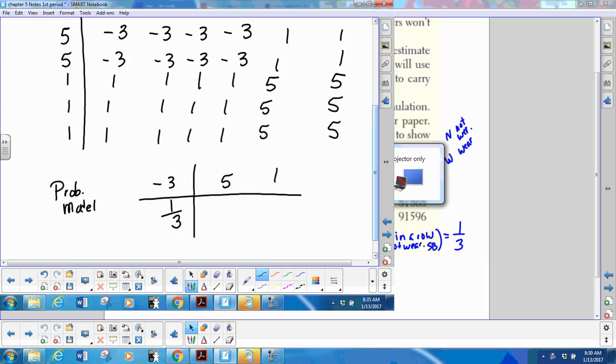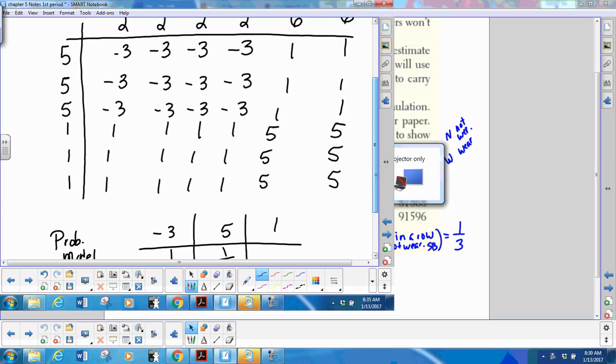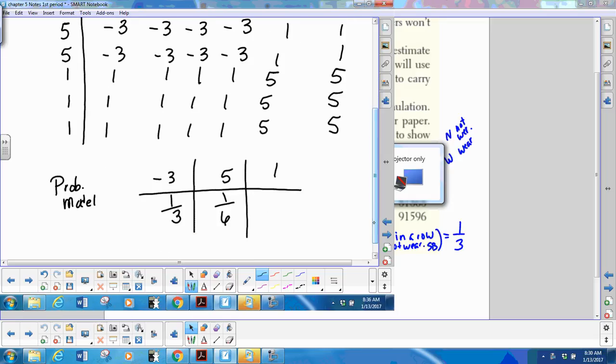How many ways can you get a 5? 6 out of 36. How many ways can you get a 1? Looks like there's 12, 13, 14, 15, 16, 17, 18 out of 36. So that's the probability model on that.